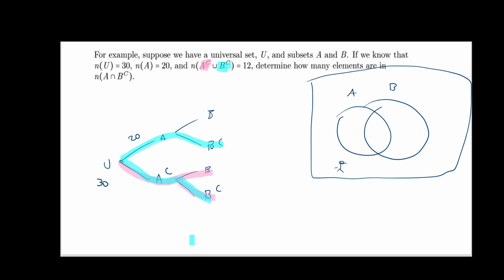So actually, what I mean is that the sum of either the pink paths or the blue paths has to be 12. So whatever I have here, here, or here has to be 12. Okay? So if I call this x, y, z, x plus y plus z needs to be 12.